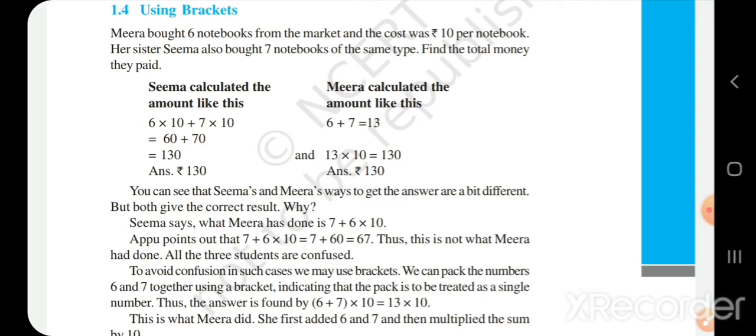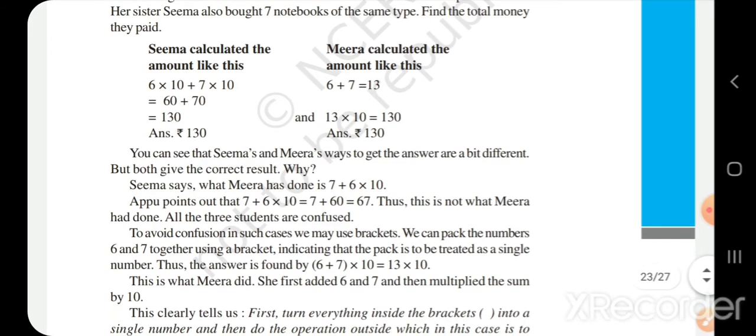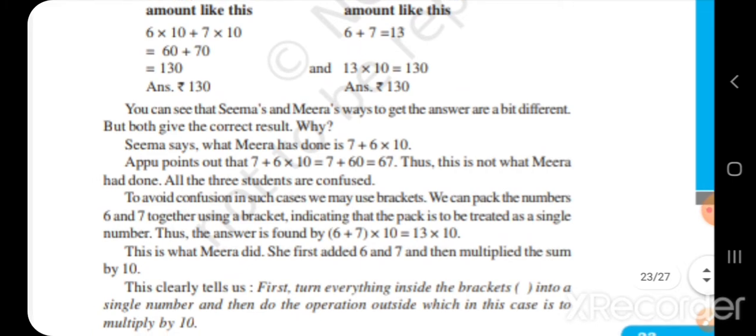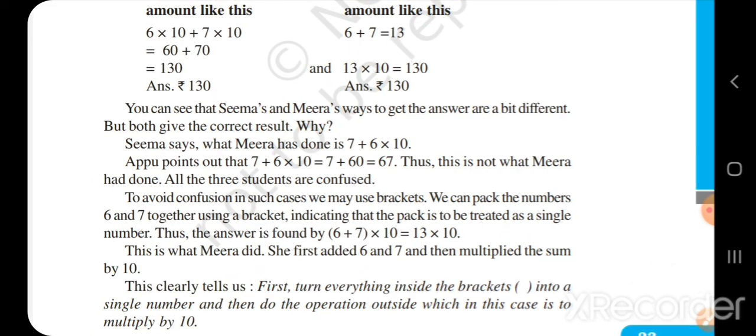To avoid confusion in such cases, we may use brackets. We can peg the numbers 6 and 7 together using a bracket, indicating that the peg is to be treated as a single number. Thus, the answer is found by bracket 6 plus 7 bracket over, then multiply by 10.